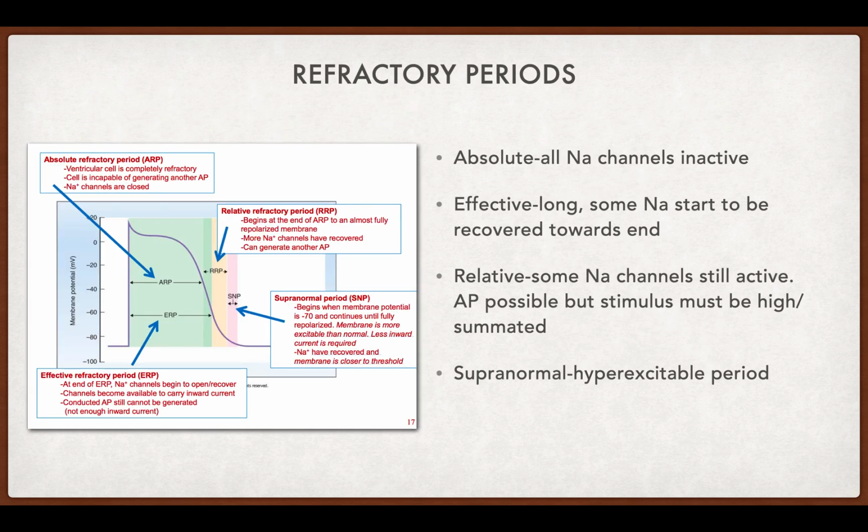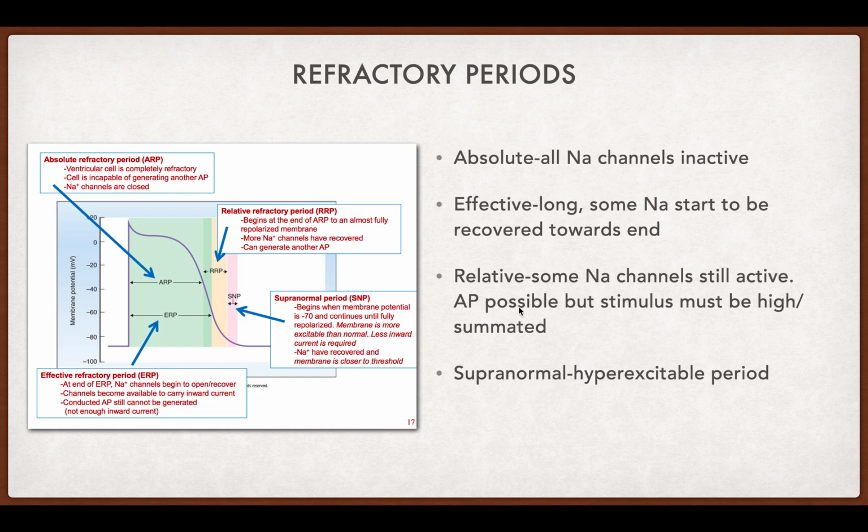Okay, so during the refractory period, the absolute refractory period is when all of the sodium channels are inactive. The effective refractory period is the longest period, and an action potential can still be initiated because some of the sodium channels are starting to be recovered towards the end. Relative, some of them are still active.